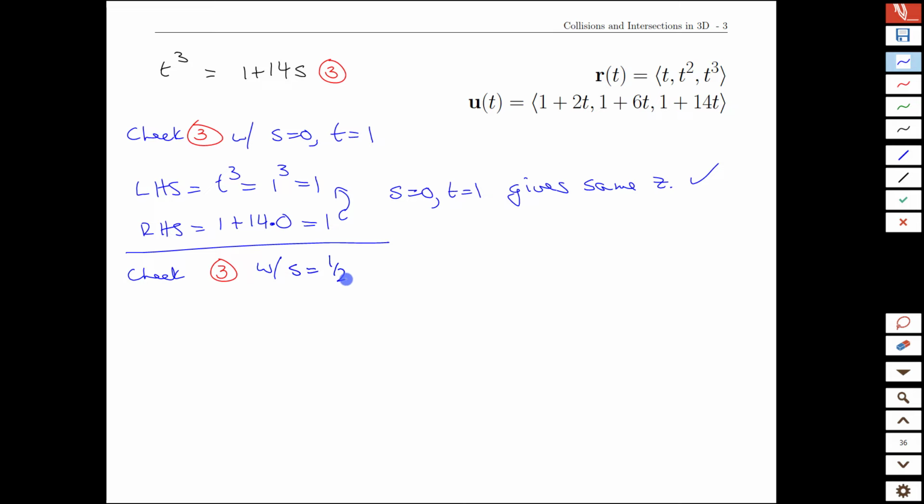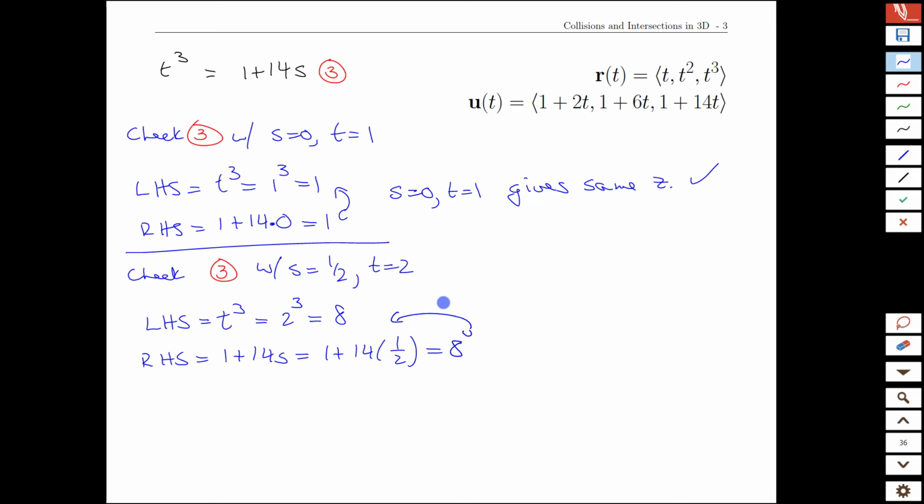And then we check 3 with the other pair of values, with s equals a half and t equals 2. The left-hand side of this equation is t cubed, but t cubed is the same as 2 cubed for this point, and that's 8, while the right-hand side is 1 plus 14s, but s is a half for this test point. 14 times a half is 7, plus 1 is 8.